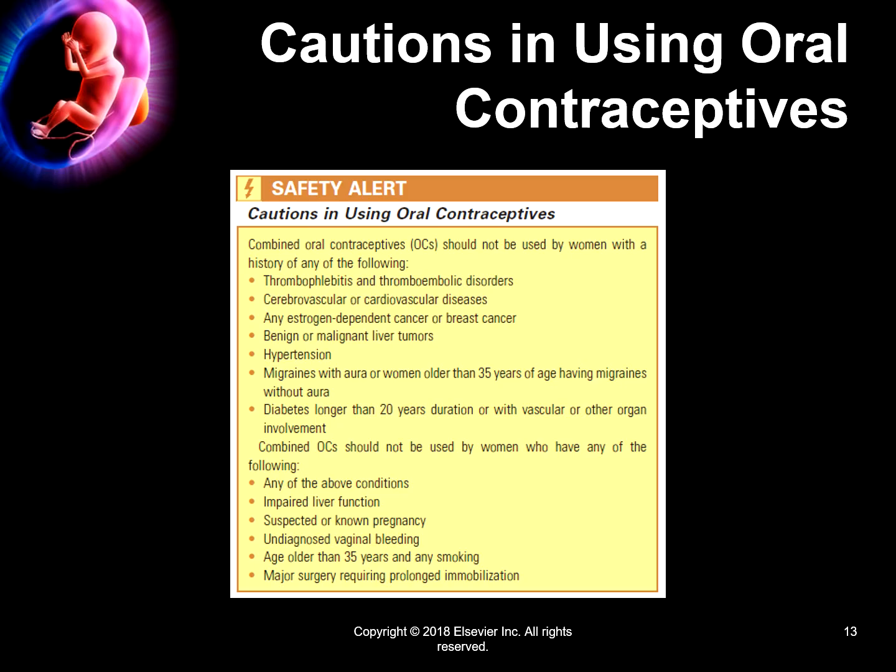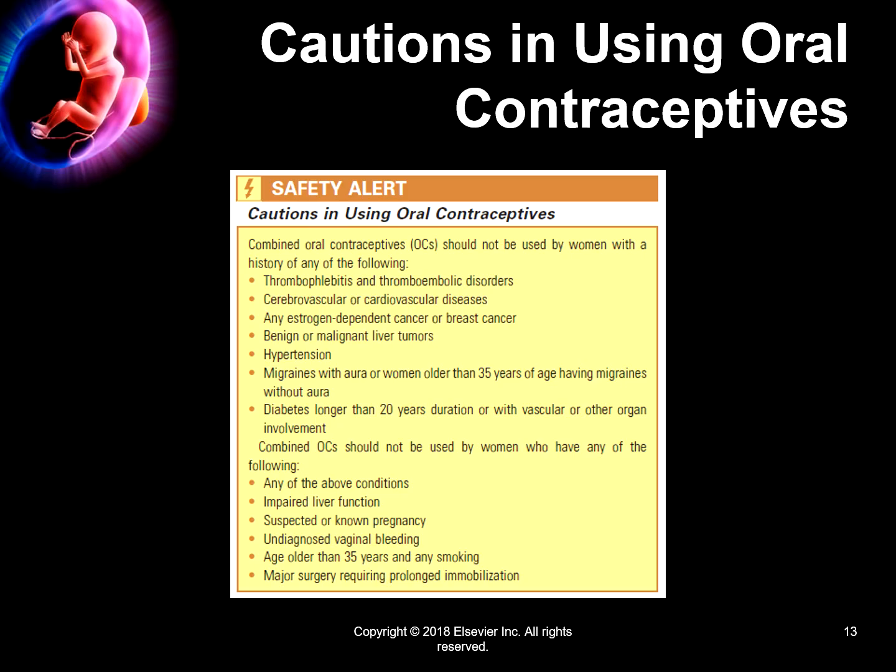Again, any estrogen-dependent cancer or breast cancer, benign or malignant liver tumors, hypertension, that's the main one, and migraines with an aura, or women older than 35 years of age having migraines without an aura. Diabetes longer than 20 years duration with vascular or other organ involvement. That is a caution for the use of oral contraceptives.